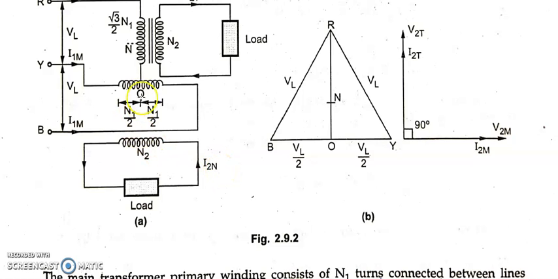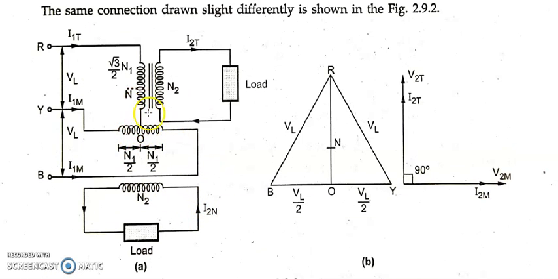So the first half balances I2M, and the second half balances half of the teaser current. The second half of the main transformer primary winding balances half of the primary teaser current, that is I1T by 2. The second half balances I1T by 2 and the first half balances the secondary current of the main transformer, I2M. These are the two things which the main transformer primary winding does.